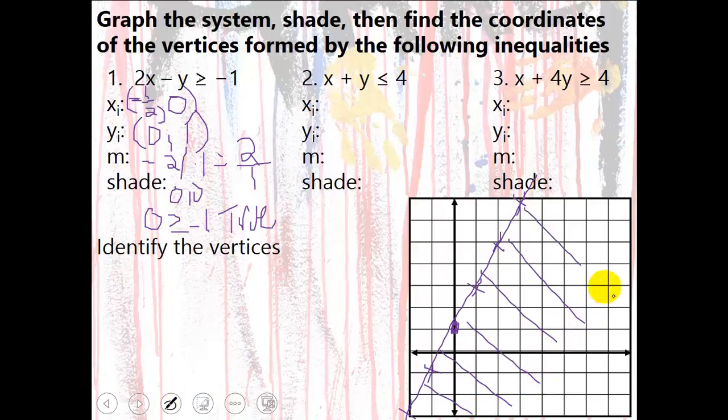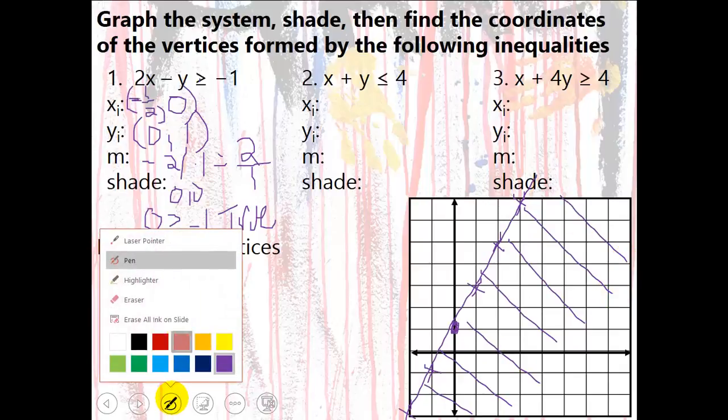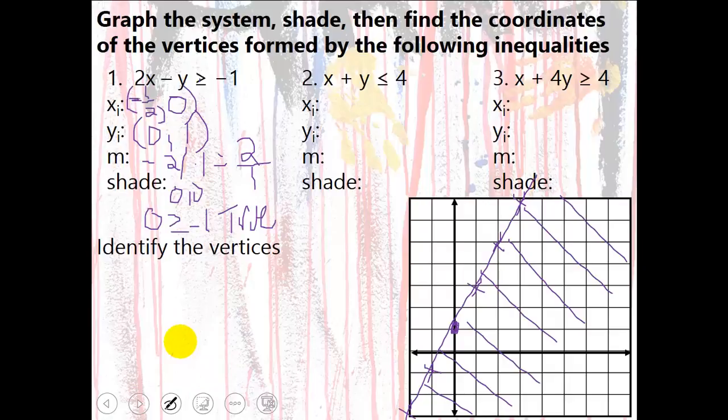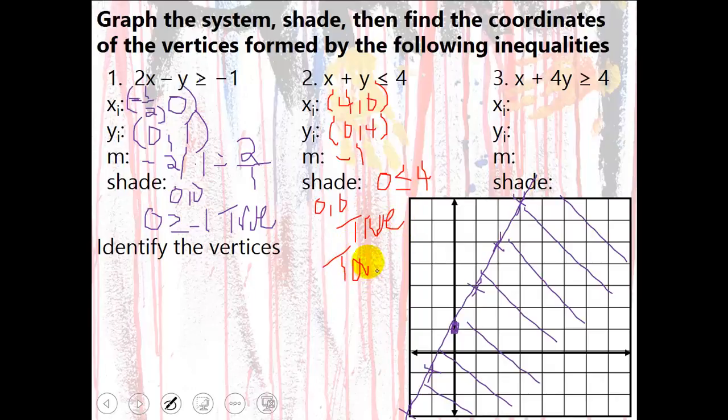Remember, do these light in the beginning. Now I'm going to pick red. My x-intercept is 4, 0. My y-intercept is 0, 4. My slope is -1. If I test 0, 0, I have 0 is less than or equal to 4. That's true. So I'm going to go towards.